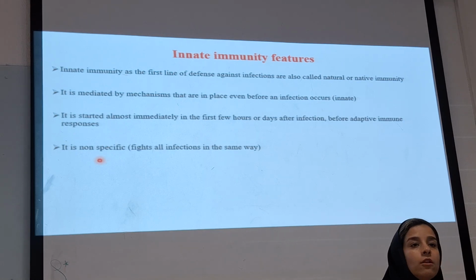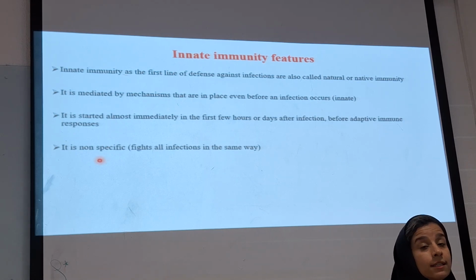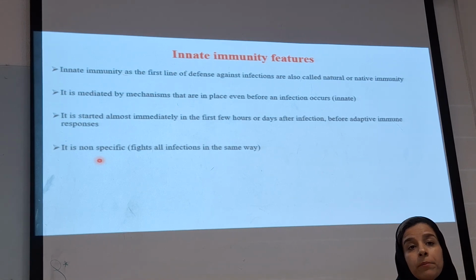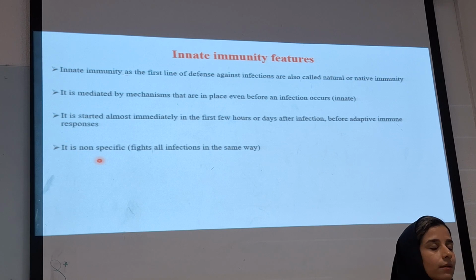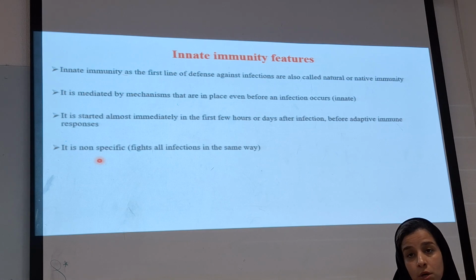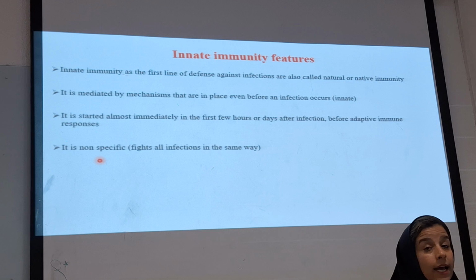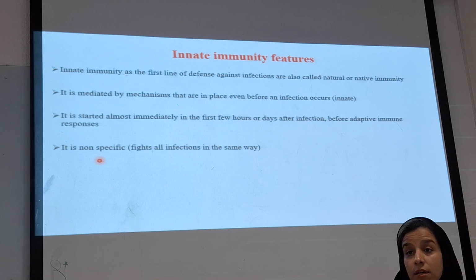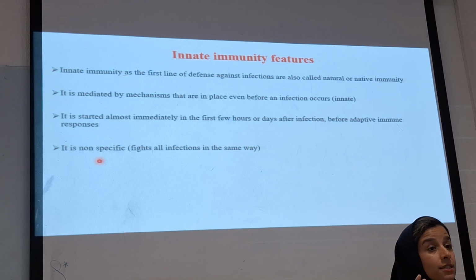And finally, innate immune responses are non-specific compared to adaptive immune responses. The adaptive immune response, because of lymphocyte B and lymphocyte T with a lot of TCR and BCR on their surface, can specifically recognize the pathogens and peptides that enter our body.